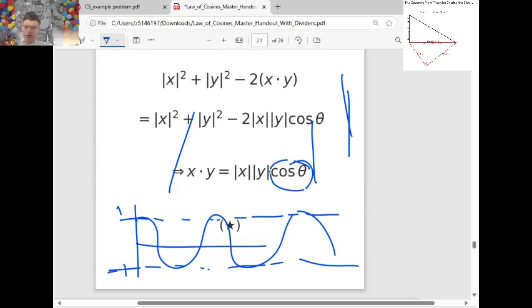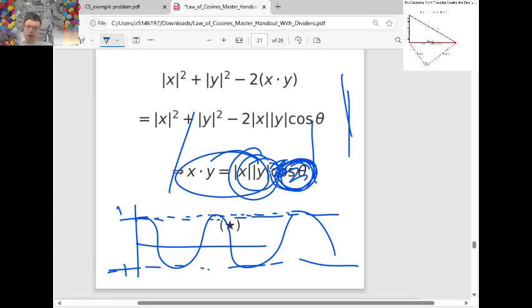And its smallest will be this times negative 1. That means that these things are only equal, if I get rid of the cos theta, when cos theta equals 1. So they only equal up to this point. At every other point, this side is smaller. Why? Because cos theta is not 1, it's less than 1. So something less than 1 times this is going to be smaller than this.